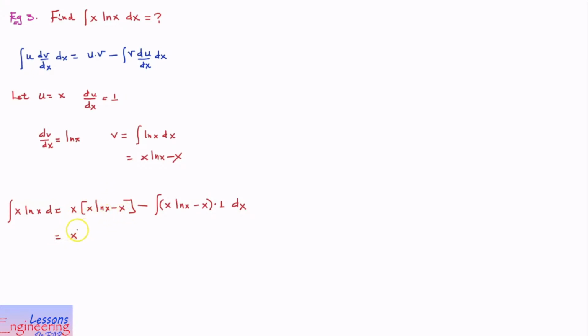That will be x squared ln x minus x squared minus, and I can use the linearity of integration and integrate these two entries independently.